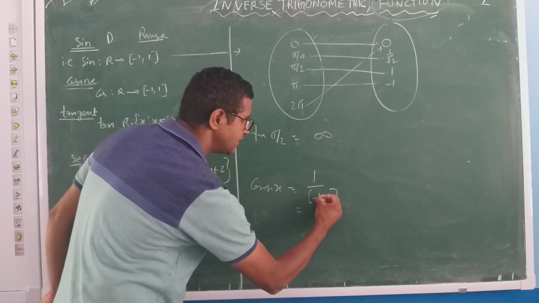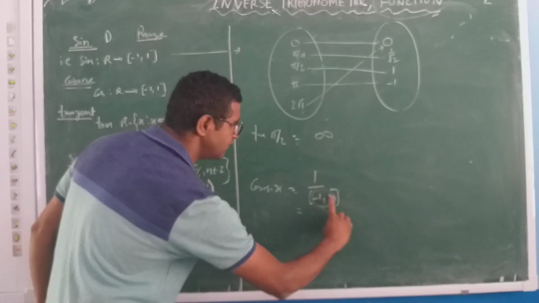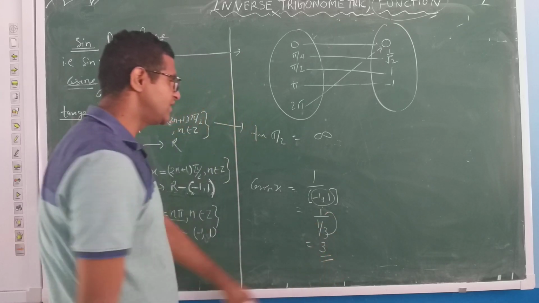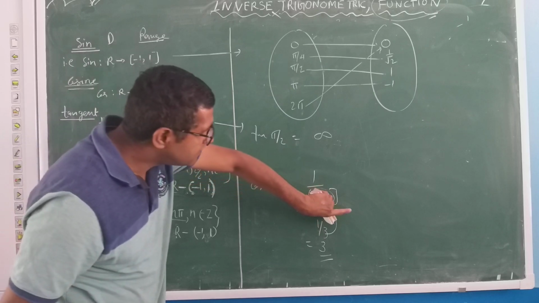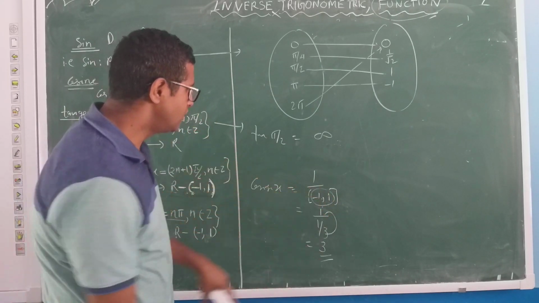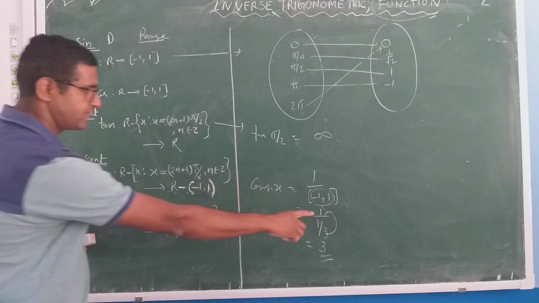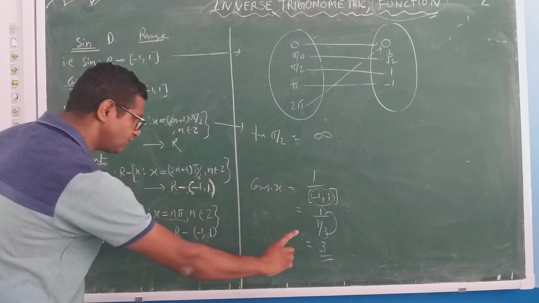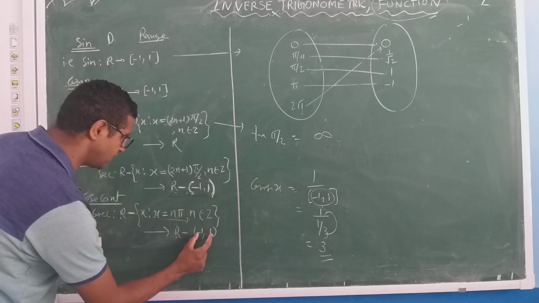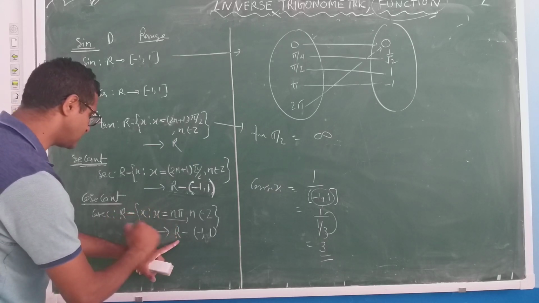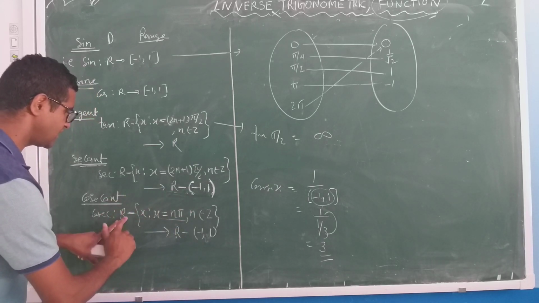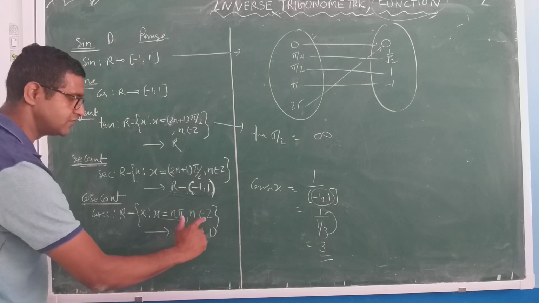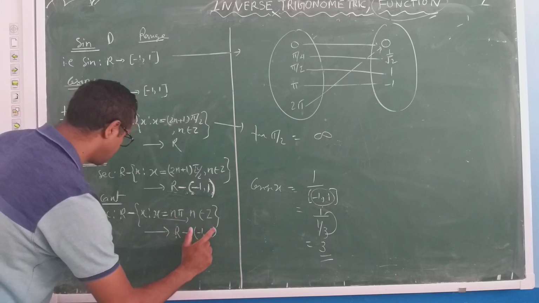Let us suppose you put 1 upon 3, a value between -1 and 1. You get 3, a value beyond this interval. The value of cosec x will never lie strictly between -1 and 1. Although you will get 1 and -1, you will not get the values between them. So for this domain, the range will be R minus the open interval between -1 and 1.